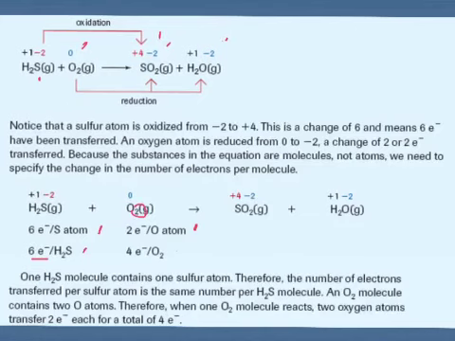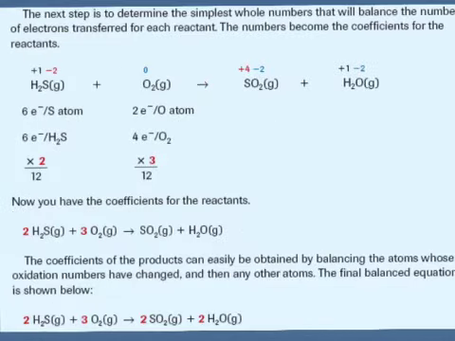So sulfur in hydrogen sulfide loses 6 electrons per molecule, and oxygen gains 4 electrons per molecule. Now that we've determined the number of electrons gained or lost per molecule of the reactant, we have to determine the lowest common multiple. And the lowest common multiple between 4 and 6 is going to be 12.